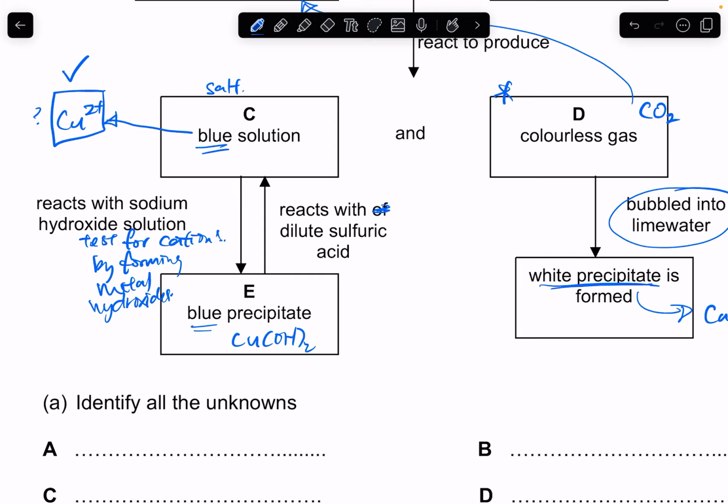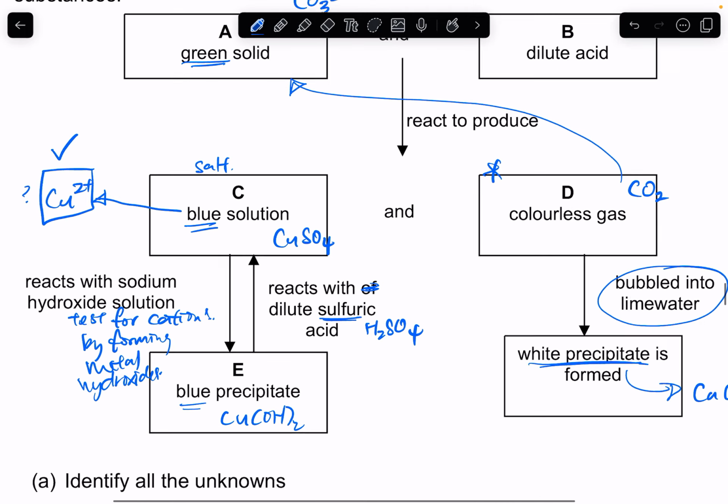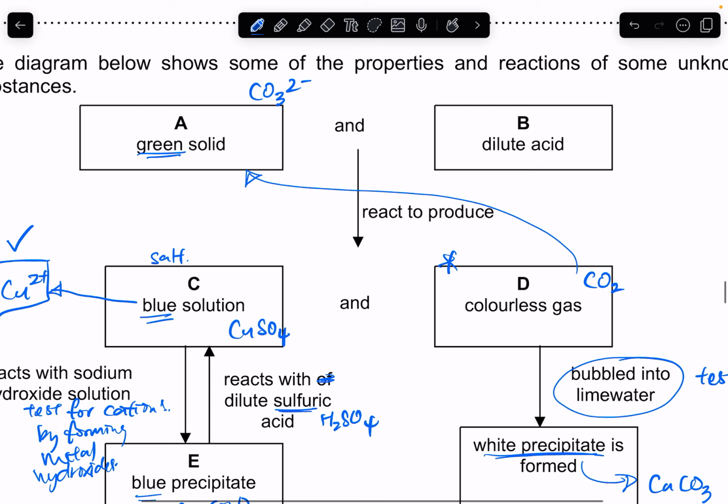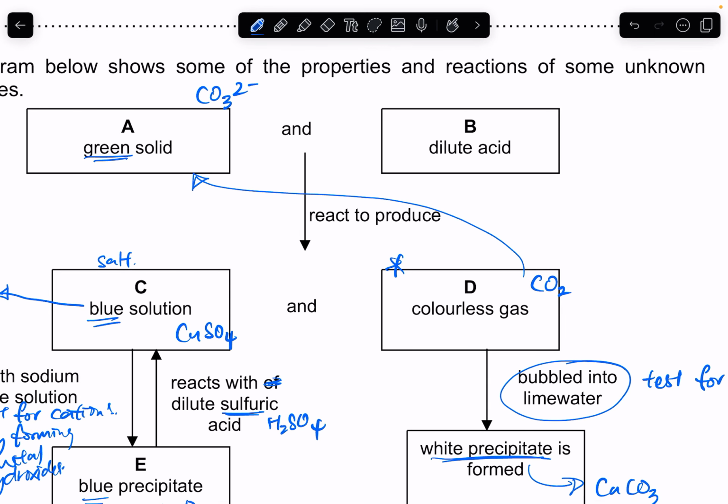So what is the salt formed? If it's sulfuric acid, H2SO4, then the salt formed will be copper 2 sulfate. Then working backwards, the acid that can give me copper 2 sulfate must be sulfuric acid.